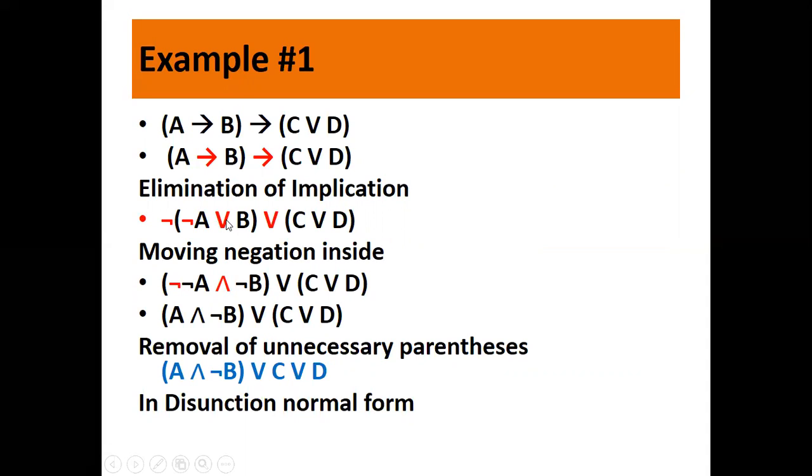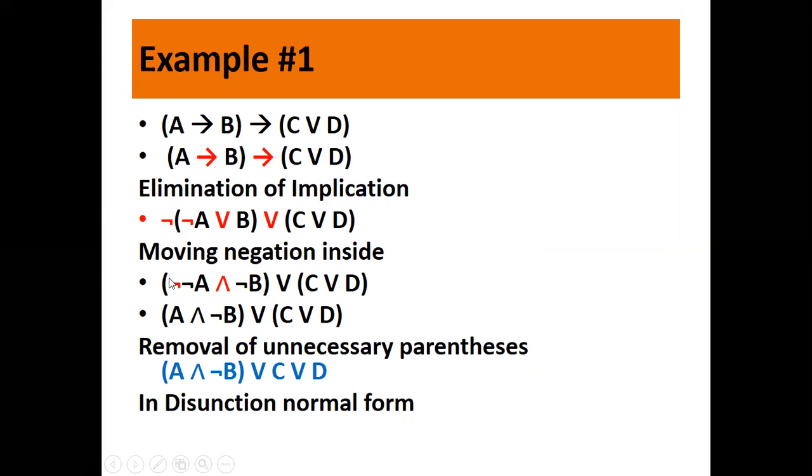So when the negation is moved inside, or becomes and, and this is now negation of A and negation of B. This side remains the same, or C or D.